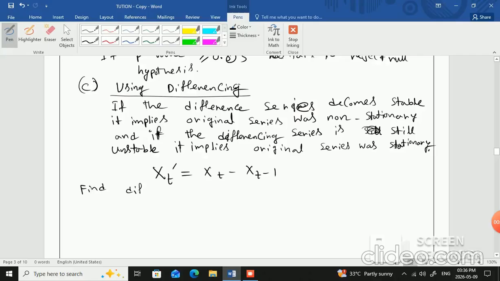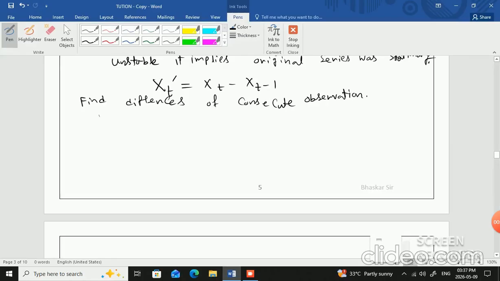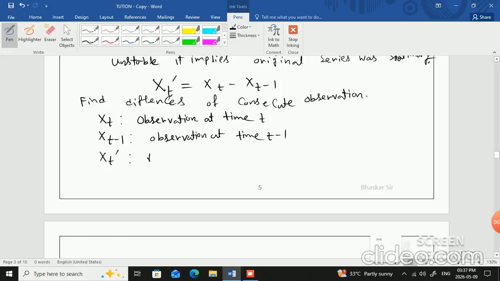Find differences of consecutive observations. xt is the observation at time t, xt minus 1 is the observation at time t minus 1. xt dash is the difference between the observation at time t and at time t minus 1.